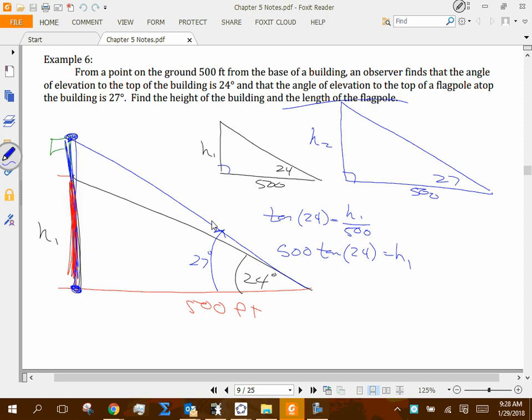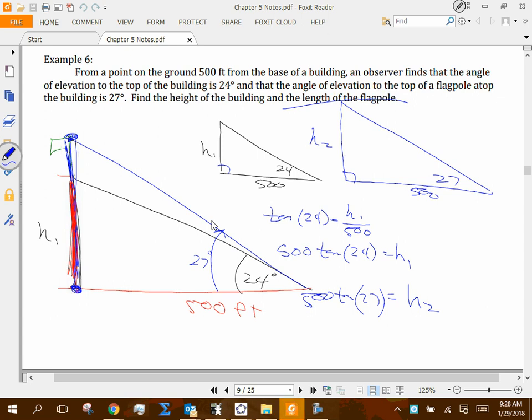When you do this, these two triangles are the same, right? What is the only thing that changed? The angle. So when I find H2, it's going to be 500 tangent, and now the angle changed. Those are little shortcuts you can use once you understand this stuff well.